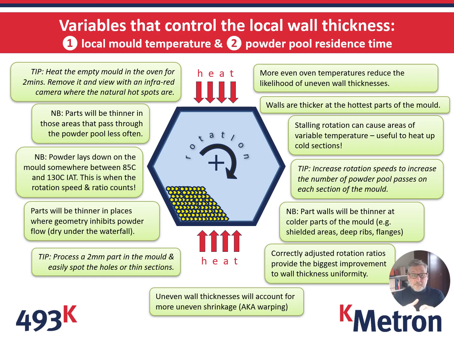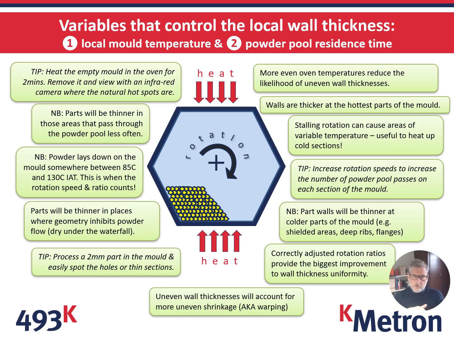Parts will be thinner in places where the geometry inhibits the powder flow. If the powder is flowing over an internal rib like a waterfall, then the part will be thinner in that area. Slowing down the rotation speeds can help for complex shapes.